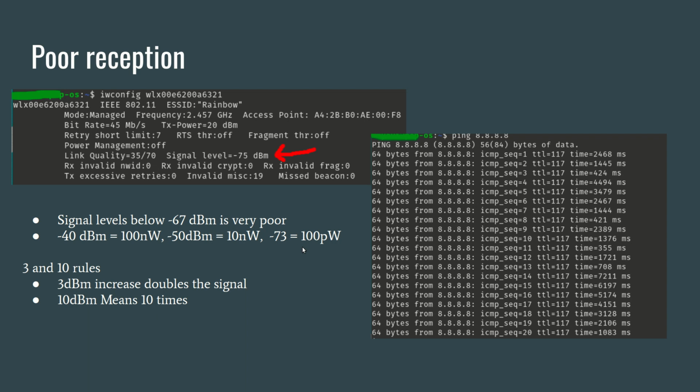For the common man to understand the decibel, the dBm, we use a 3 and 10 rule method. For every 3 dBm increase, the signal strength doubles, or for 10 dBm, 10 times signal strength. It's a logarithmic scale, it's not linear.